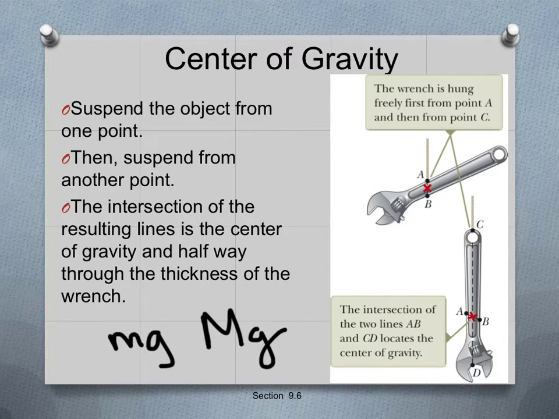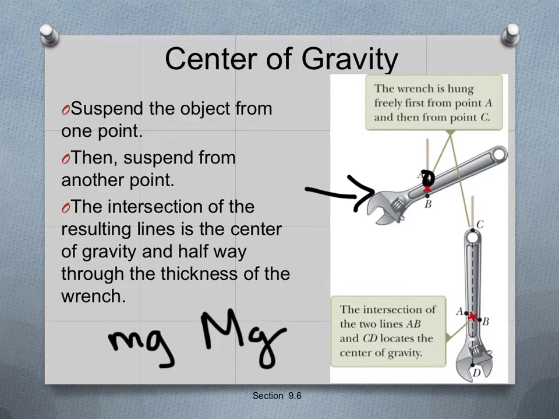It says that we can suspend the object from one point. In this example, we are suspending the wrench first from point A. Then we suspend the object from a different point.